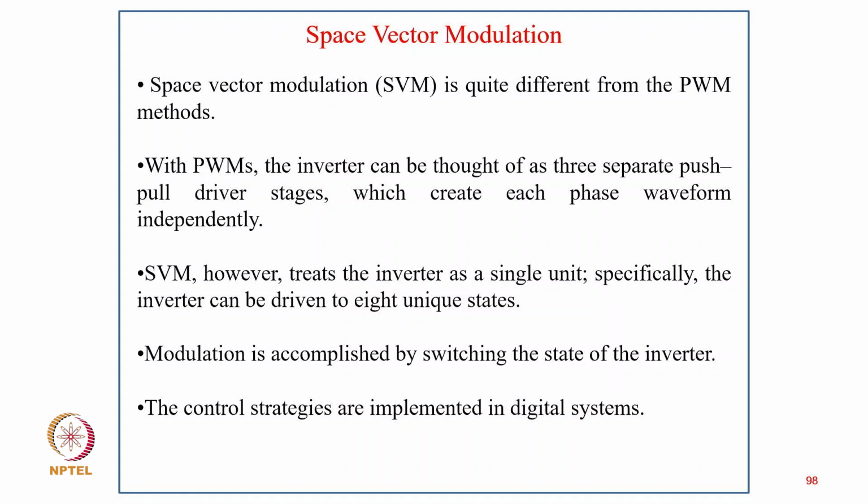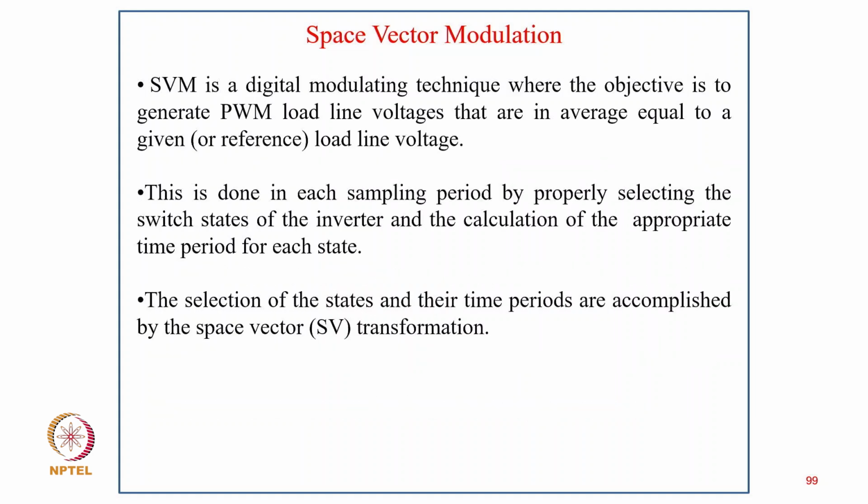Specifically, the inverter can be driven by 8 unique states, and modulation is accomplished by switching the state of the inverter, and the control strategy is implemented in a digital signal system. SVM is a digital modulating technique where the objective is to generate PWM line voltages that are on average equal to a given reference load line voltage.